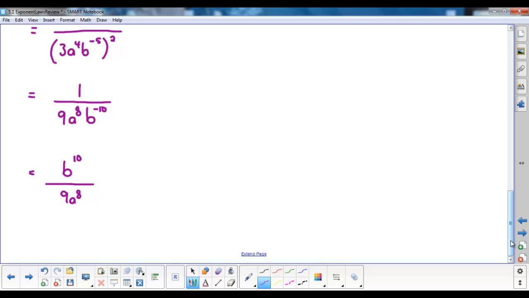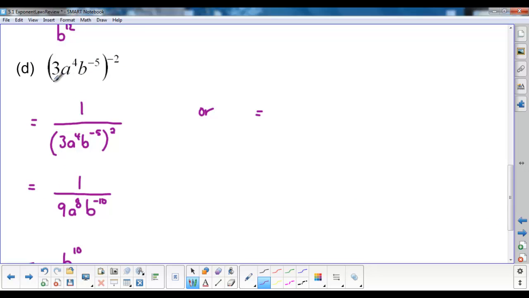Okay, the other way to tackle this question is to recognize that each one of these bases will be raised to the power of negative 2. So essentially it's really 3 to the power of negative 2 times a to the power of 4 raised to the power of negative 2 times b to the power of negative 5 raised to the power of negative 2.